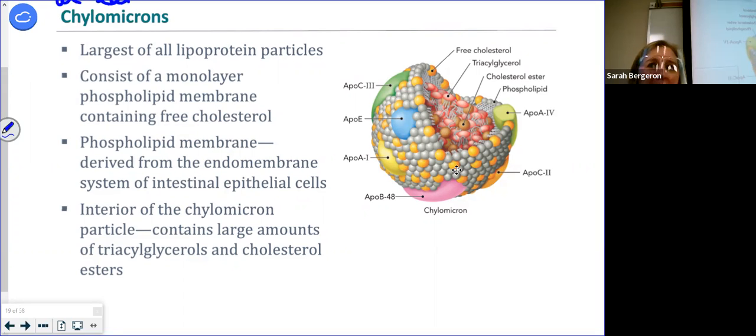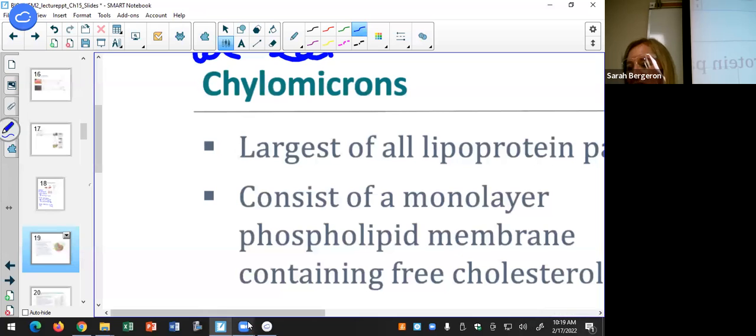Then we have Mardi Gras, and then we'll have another class. So it'll be piecemeal. All right, good luck on your test. And we'll talk about lipid metabolism.